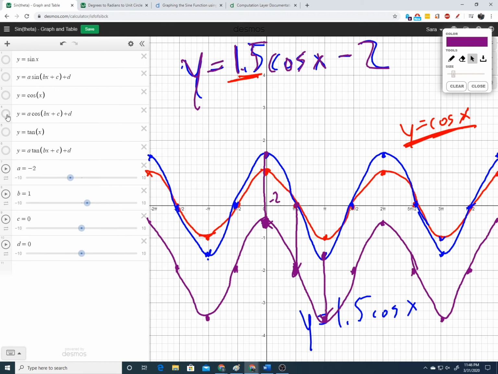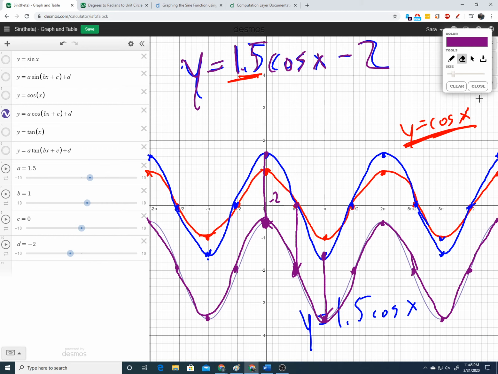I am going to graph the cosine function. My a value this time was 1.5. My b value still, I'm going to leave it at 1. There was no c value. And my d value this time was negative 2. Alright. Hey, I even matched the color that time. That was not on purpose. Again, not perfect, but I think I did a really good job.